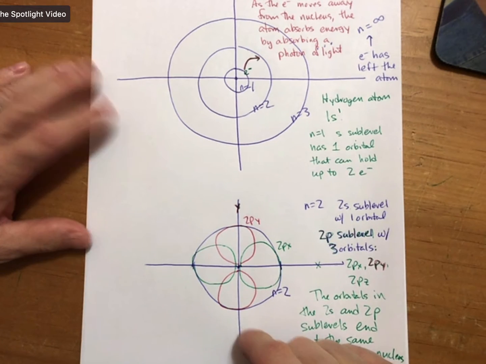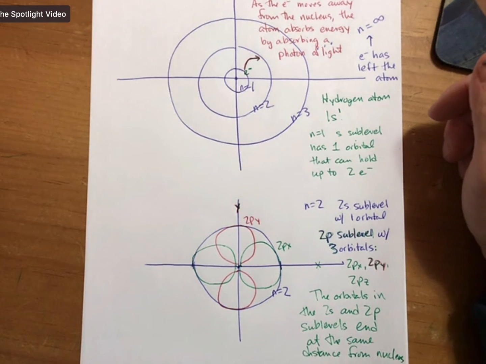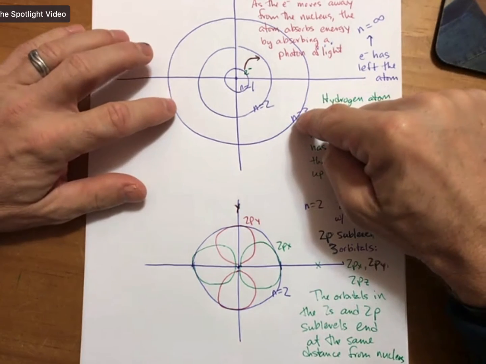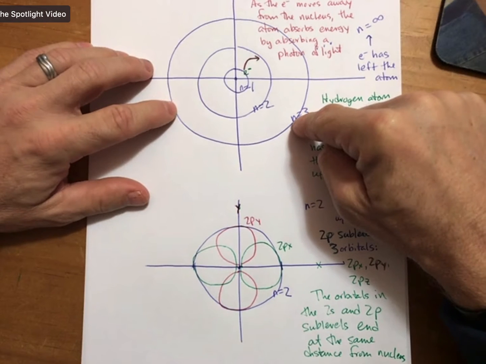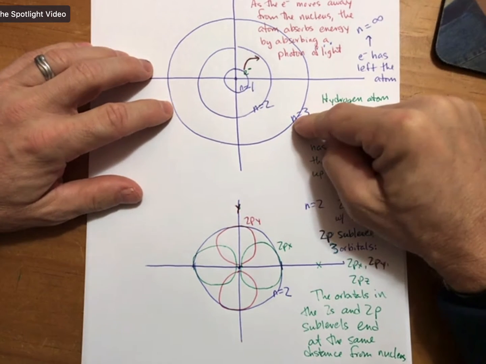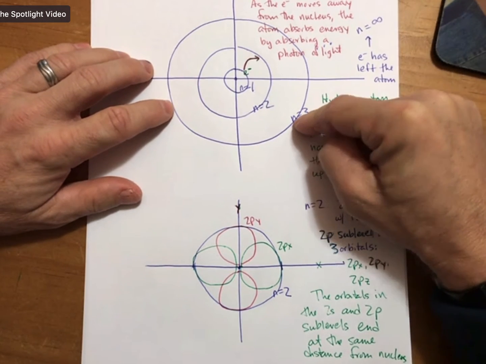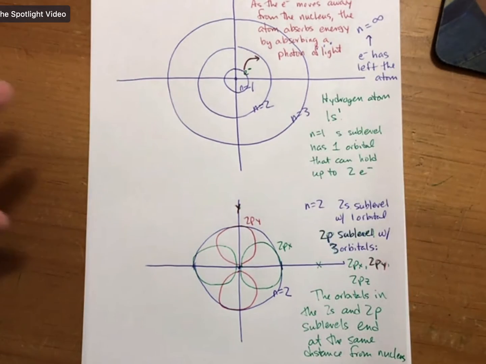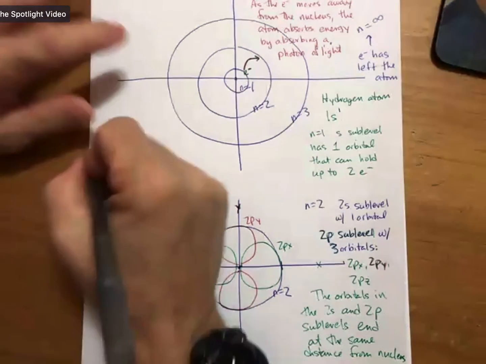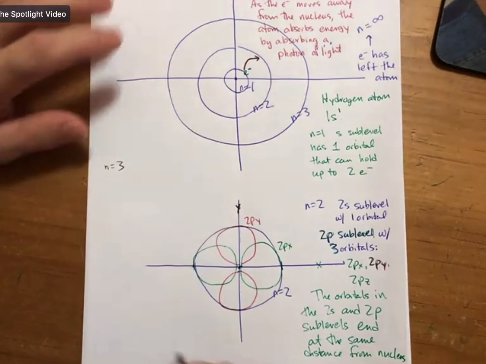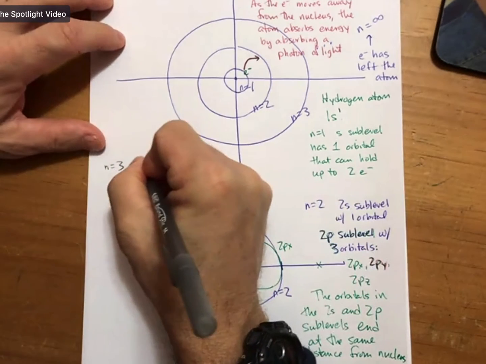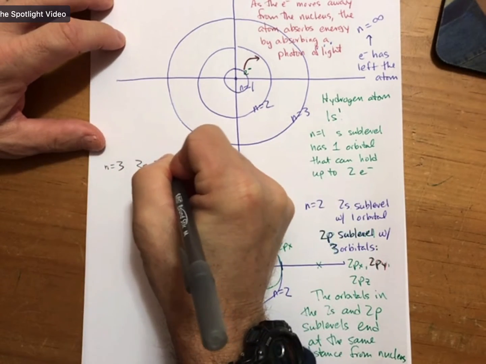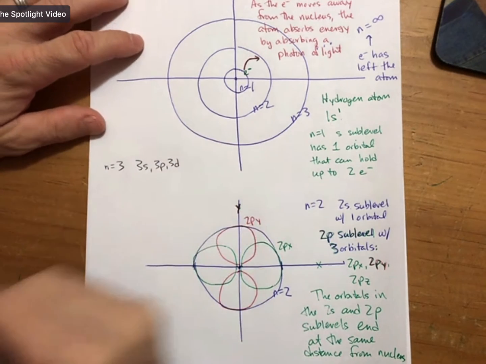So that is what I wanted to say for the model of the atom. And then I guess the last thing I'll say is for n equals 3, there's even more space, even more volume. So in n equals 3, there will be 3s, 3p, and 3d sublevels.